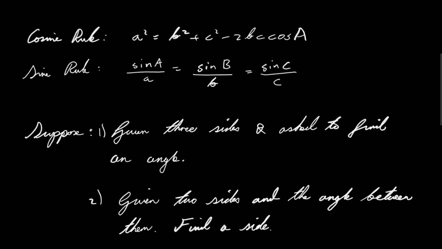When the cosine rule and the sine rule are taught, typically you're exposed to a bunch of cases and you are encouraged to remember which cases are better suited to the application of which rule. So, for instance, given three sides and asked to find an angle, you should use the cosine rule.